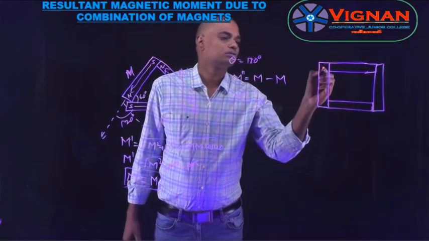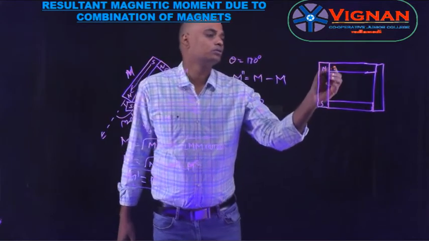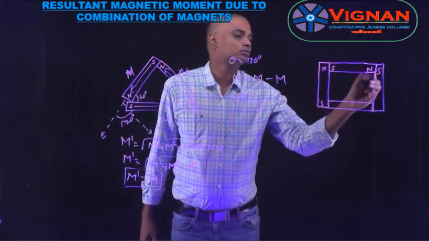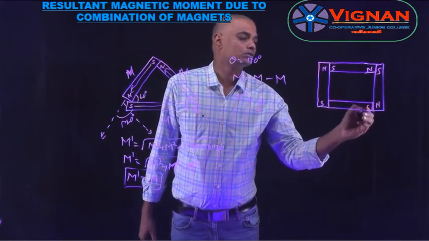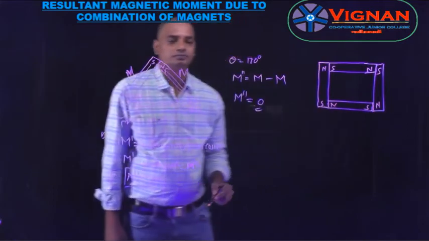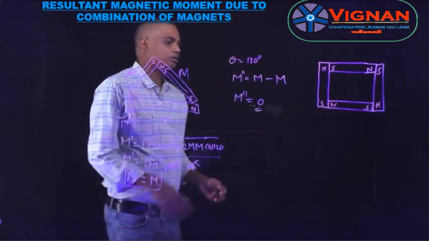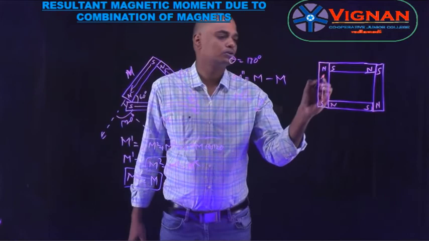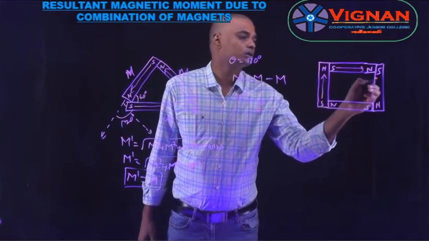like this: north pole, south pole, south, north, south, north, south, north. So let us denote the directions. It is from south pole to north pole, it is also from south to north.